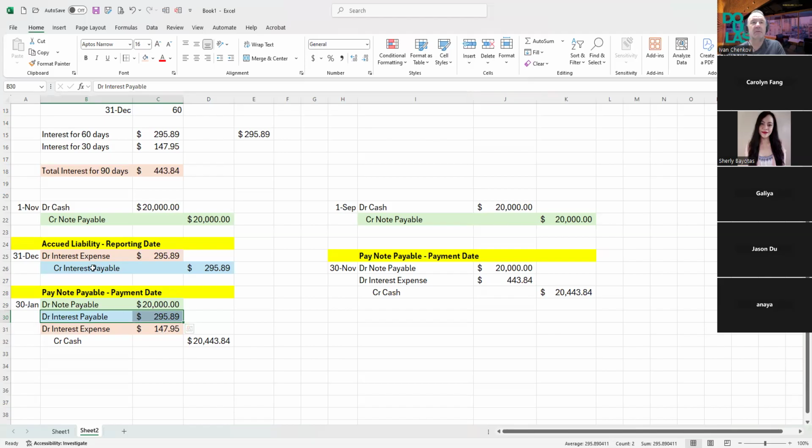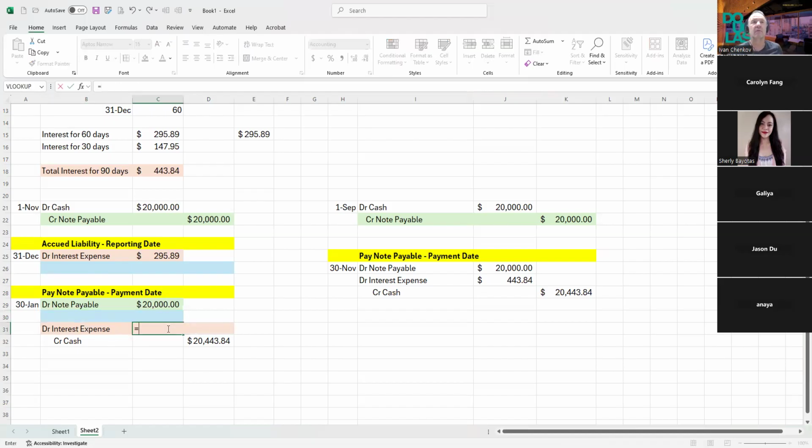If I eliminate this, and if I eliminate this, I have exactly the same entry. But here the only thing is I'm going to have this one, which when combined with this one is going to give me exactly the same amount. Make sense?